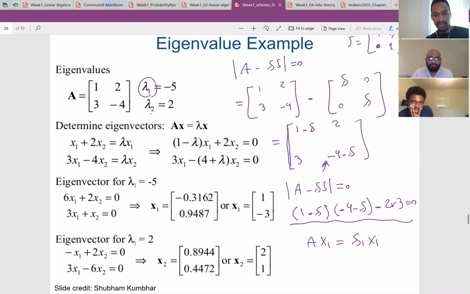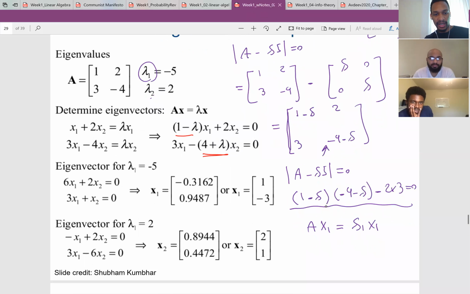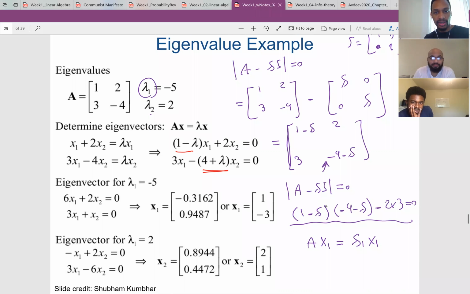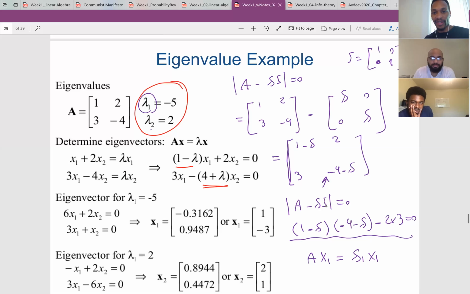So basically here is the step of A minus that lambda, and then you find the lambdas. Oh wow, okay, they've already given the values here. So this is them finding eigenvectors. Okay, I see.